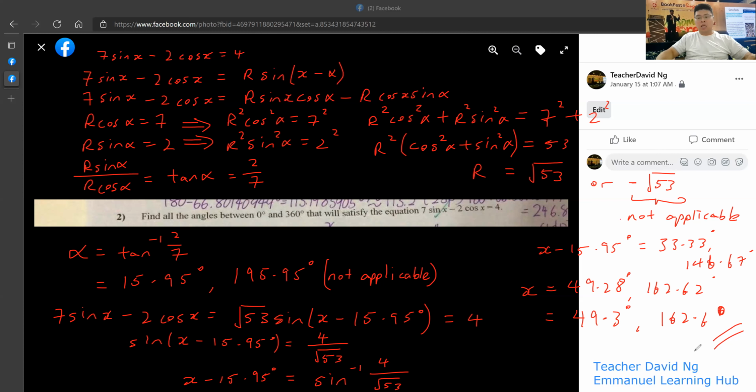And after you find the R formula and finding the angles, sometimes they'll have a part 2, ask you to solve, hence find this expression equal to some formula, or ask you to prove something. So that is the typical question that will come up for your school prelims and your O-levels as well.